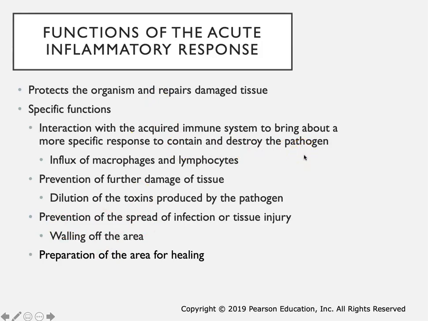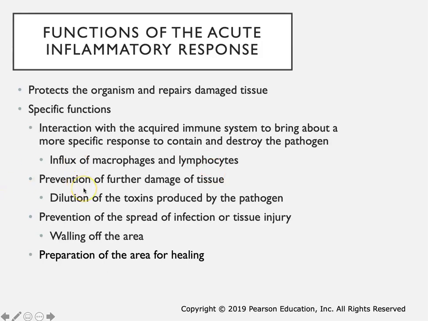It's the initial response, but it signals the acquired immune system to start producing antibodies, and T cells to specifically destroy that pathogen. You will have an influx of macrophages and lymphocytes.